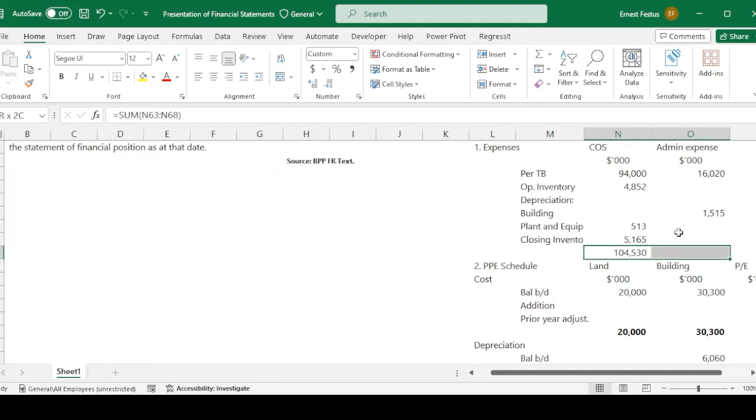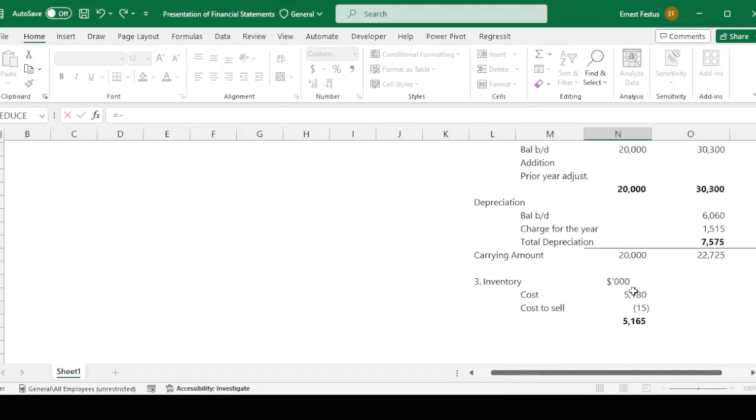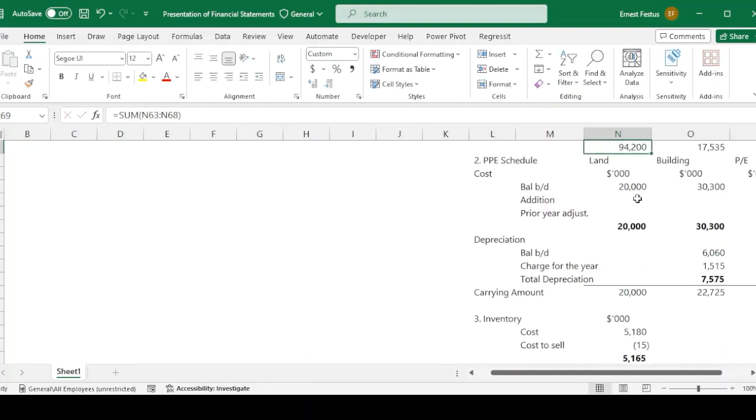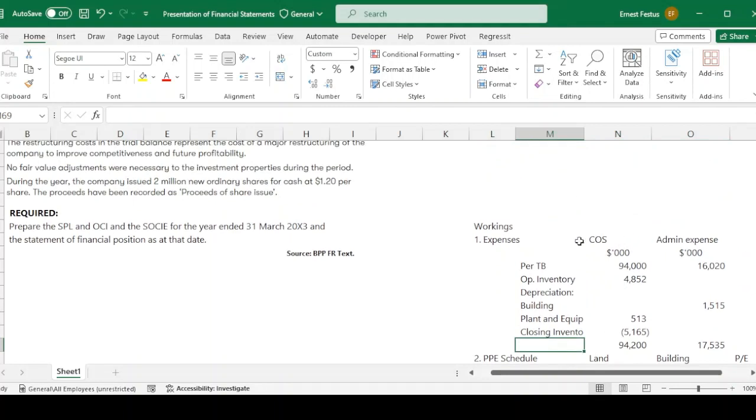Then I can copy it to the right. So this is closing inventory, and it's supposed to be a negative figure, so negative 5160. Make sure it's working.